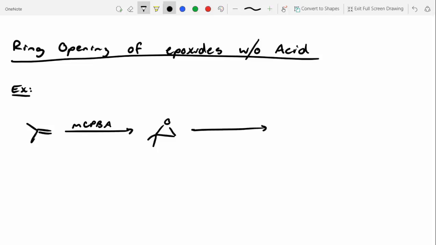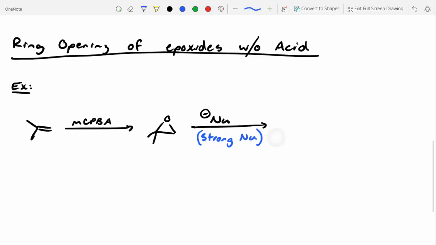And this time we're going to use a nucleophile that's very strong. If we have a super strong nucleophile, something like a Grignard reagent, which side do you think it's going to add into? Yeah, the less substituted one, right?